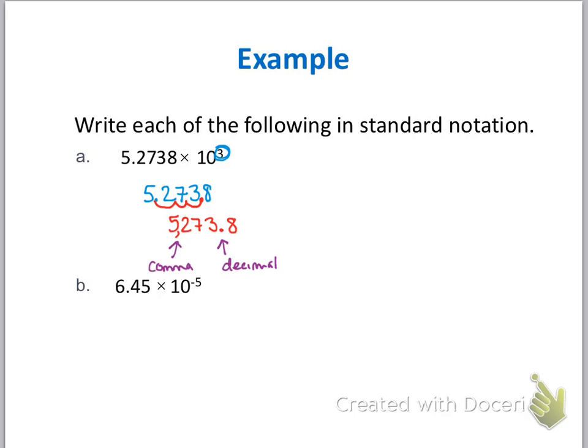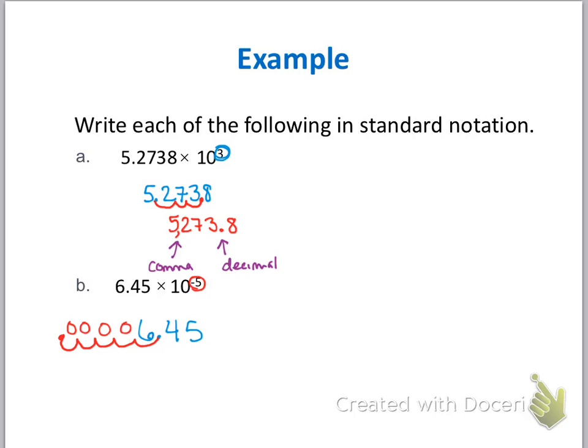Alright, let's do this last one here. Again, I'm going to write my number, 6.45. I have a negative 5 as my exponent, so that means I'm going to be making this a very small number. So I'm moving it 1, 2, 3, 4, 5 spaces.